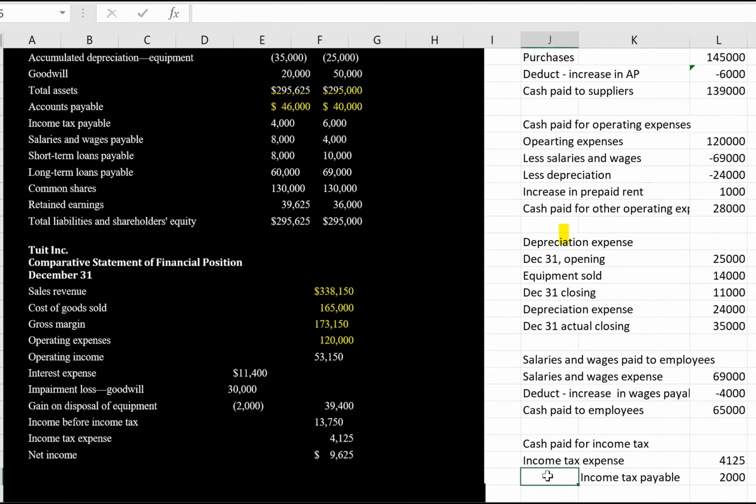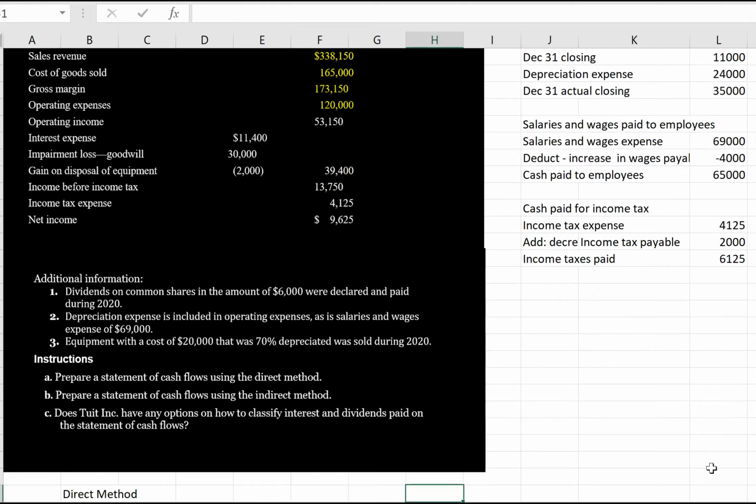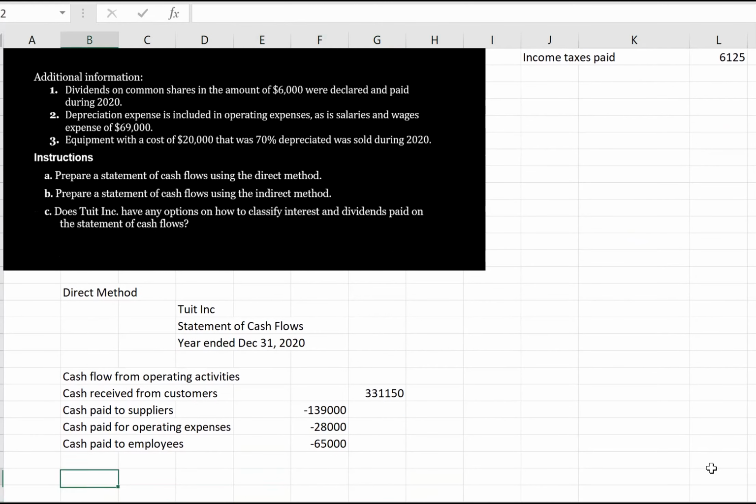If our payable went down, that means we must have paid out something that we owed from a prior period. So we're going to add the decrease in the payable. Then our total income taxes paid is going to be the sum of these two, which is 6,125. And we can bring this down into our statement here.